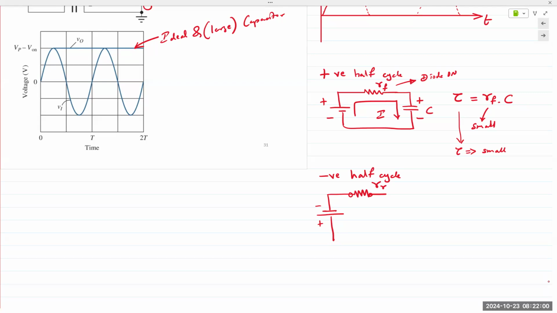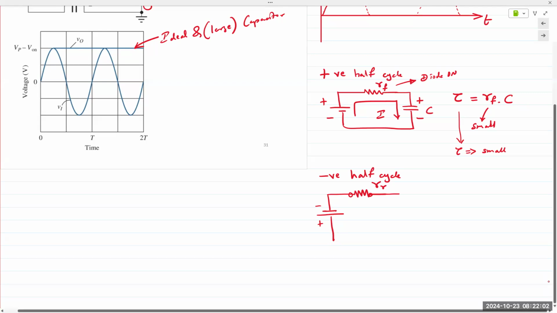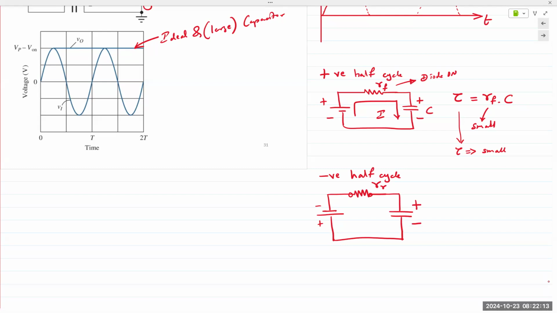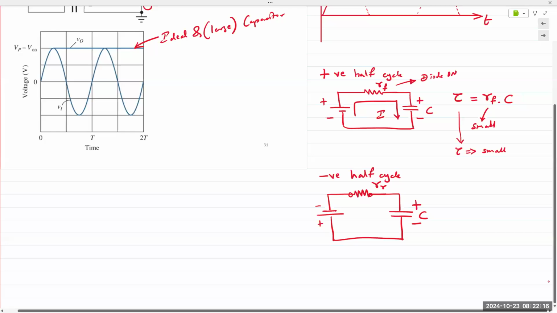Okay. And now the capacitor begins a slow discharge.